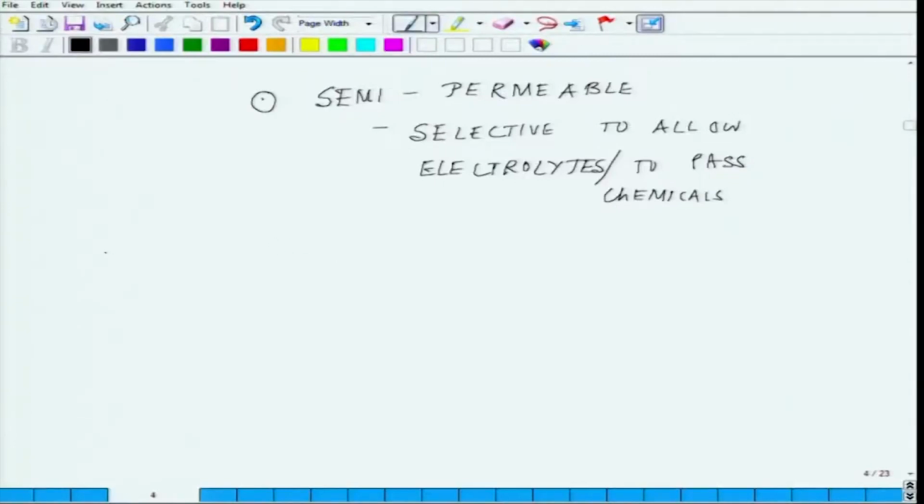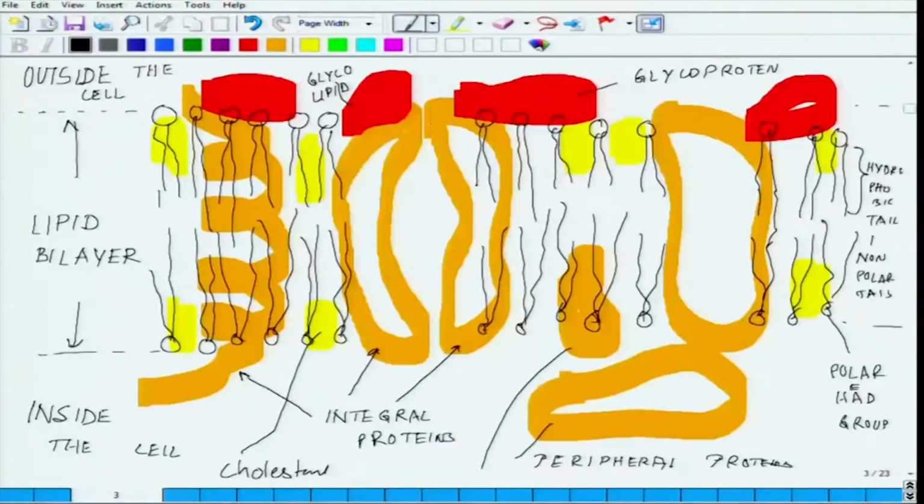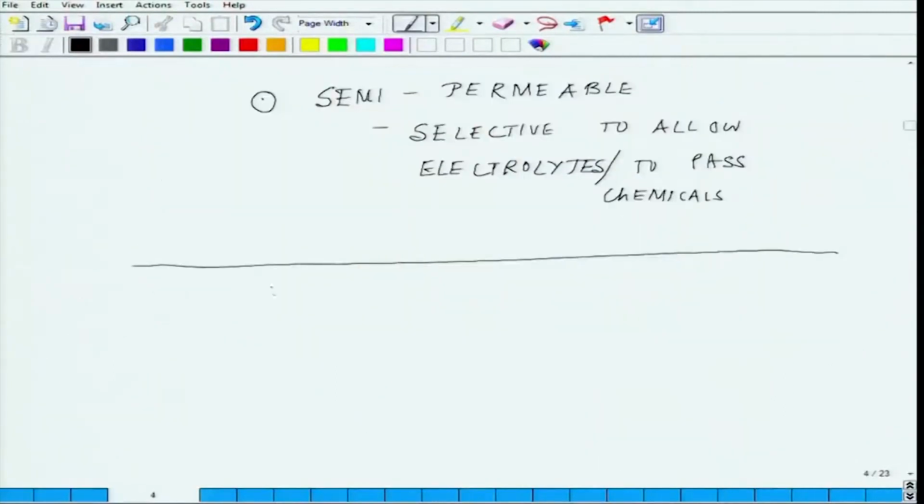And essentially these kinds of membranes are regulated by a whole series of, if you see this structure, embedded among these, different integral proteins which form the ion channels. The model which is currently used for this is called the fluid mosaic model.